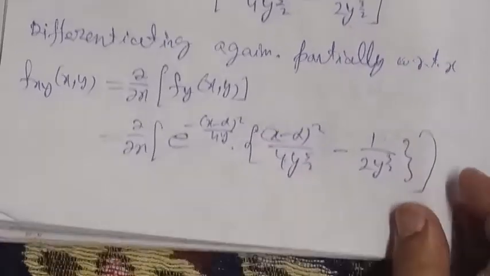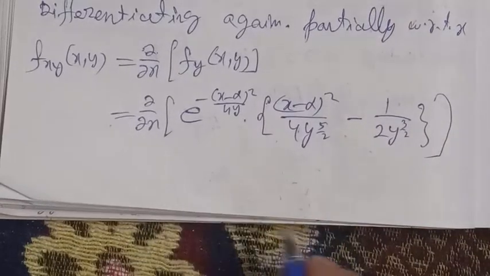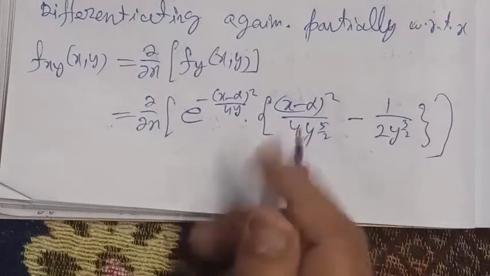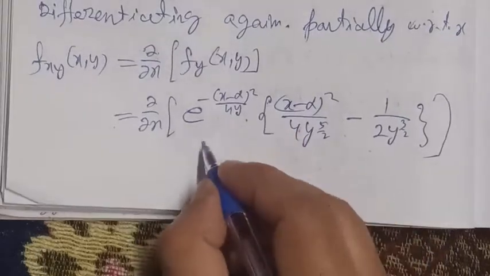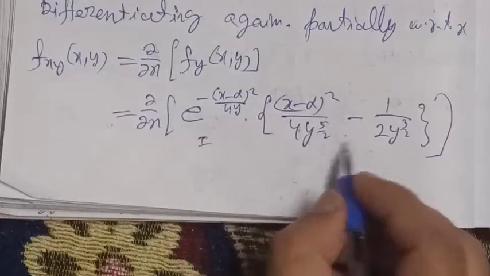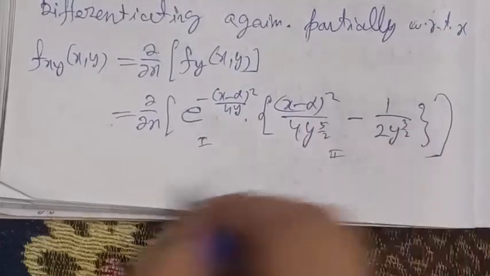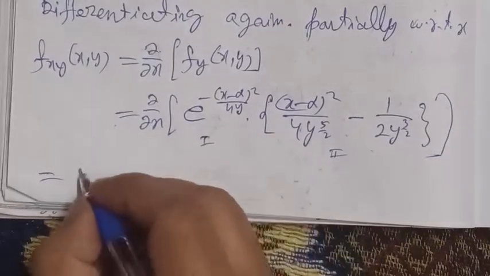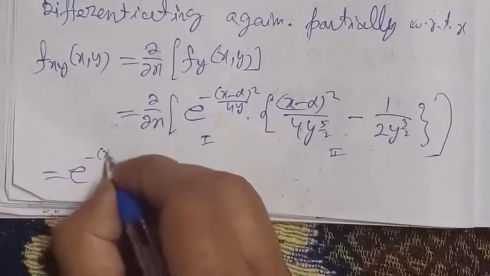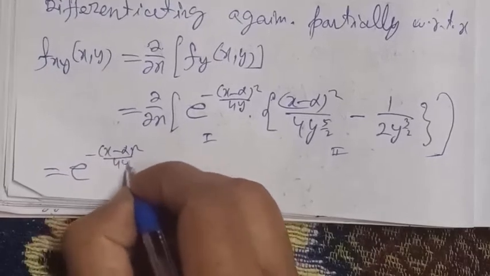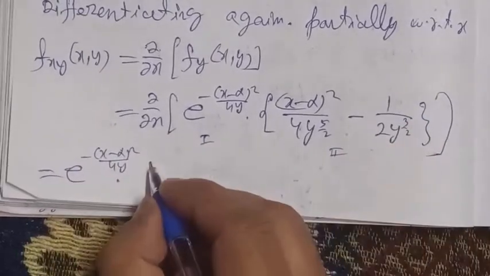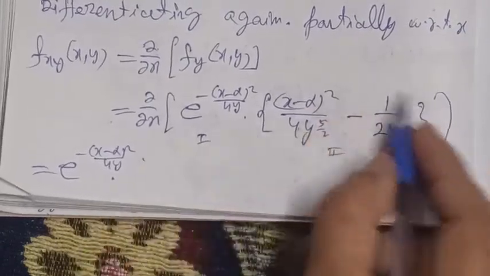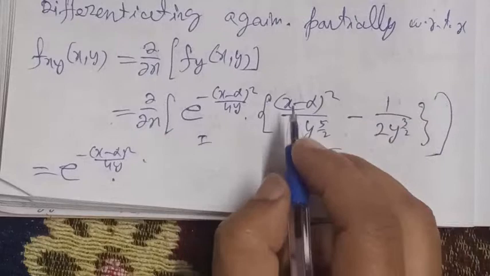Close this bracket, and now we should apply the product rule, taking the first function and considering this bracket as the second function. The first function is e to the power minus (x minus alpha) whole square upon 4y, and we differentiate this value with respect to x.